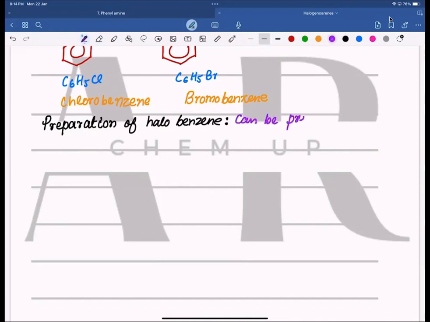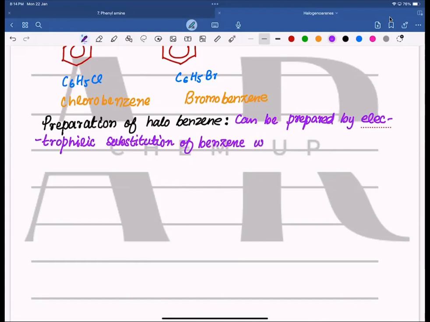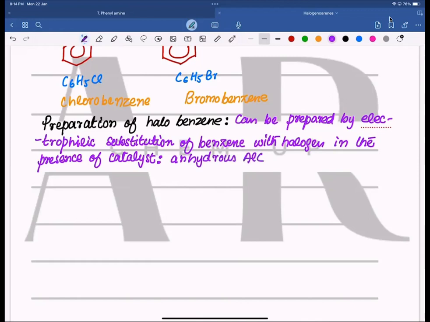So these can be prepared by electrophilic substitution of benzene with halogen in the presence of a catalyst, and that catalyst is anhydrous AlCl3 or anhydrous AlBr3.